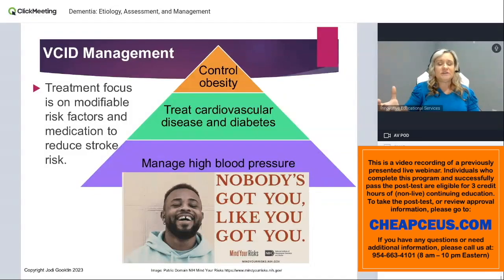There are big initiatives out there from the National Institute of Health and the CDC to educate individuals more on managing blood pressure, diabetes, heart disease, in order to help stave off the negative effects of vascular cognitive impairment.